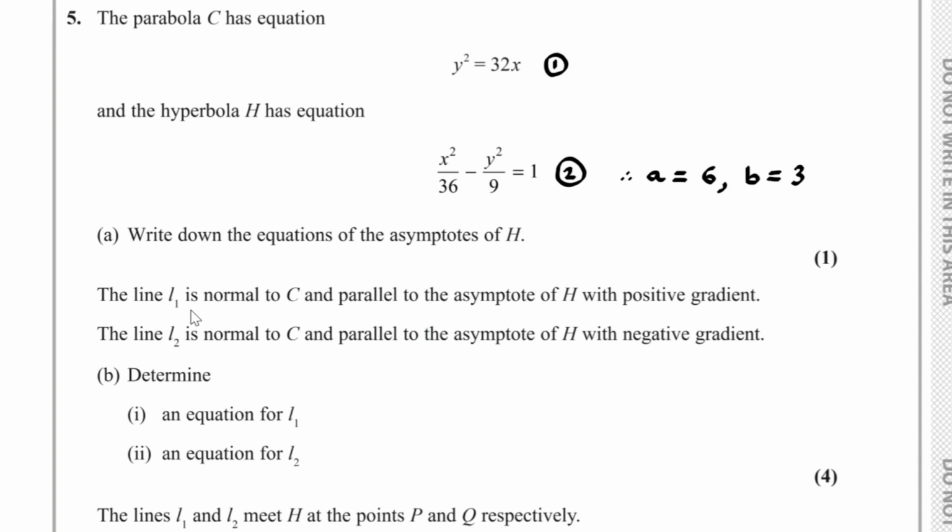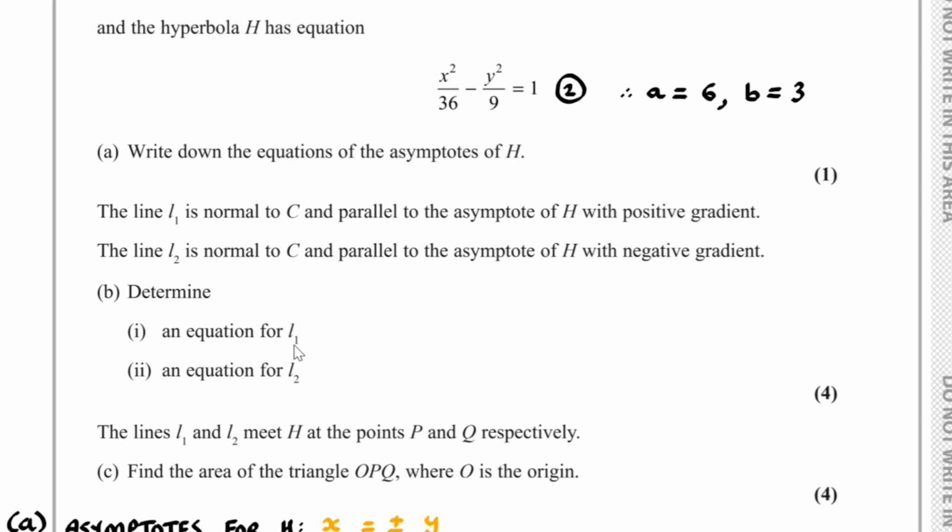Now, for part B, the line L1 is normal to C and parallel to the asymptote of H with positive gradient. The line L2 is normal to C and parallel to the asymptote of H with negative gradient. We have to determine an equation for the line L1 and the line L2.